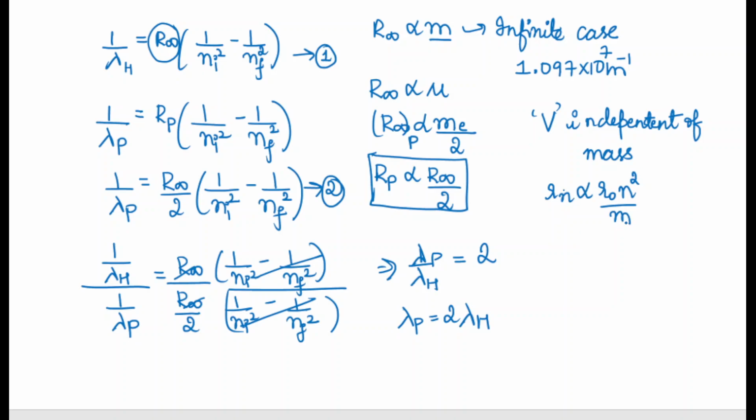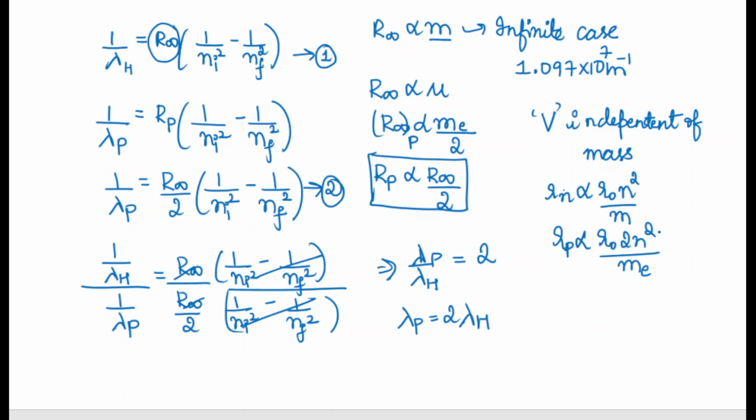Now what will it be for the positronium atom? For the positronium atom, instead of this m, it will be mu. So I am writing here that the radius for positronium is directly proportional to R naught n square divided by mu. Instead of m, it will be mu. So mu, which is equal to Me divided by 2, so 2 will go above.